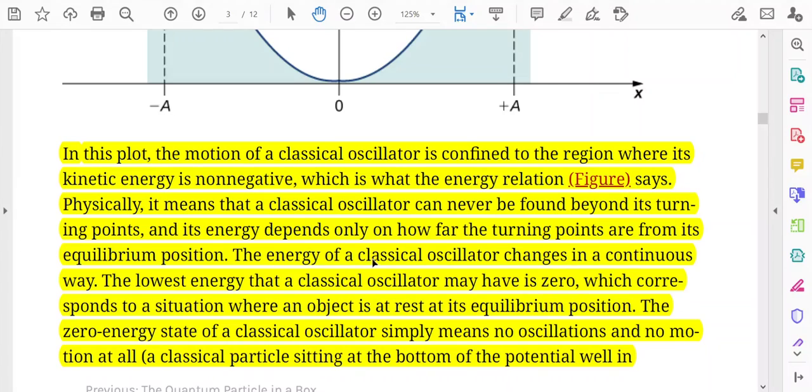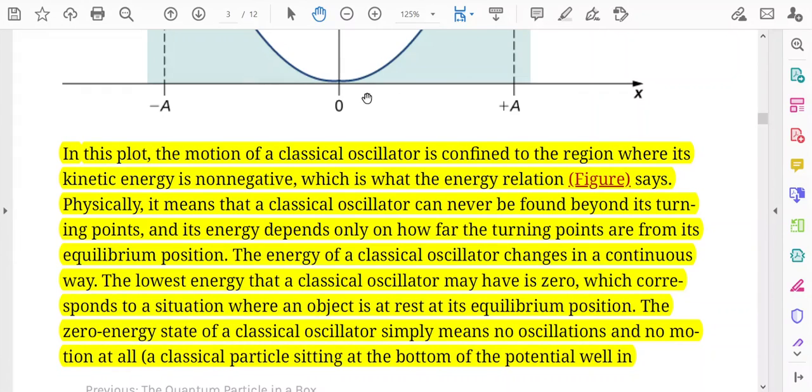The energy of a classical oscillator changes in a continuous way. It must change, because as it is vibrating, it is changing its position continuously and periodically. The lowest energy that a classical oscillator may have is 0, which corresponds to a situation where an object is at rest at its equilibrium position.